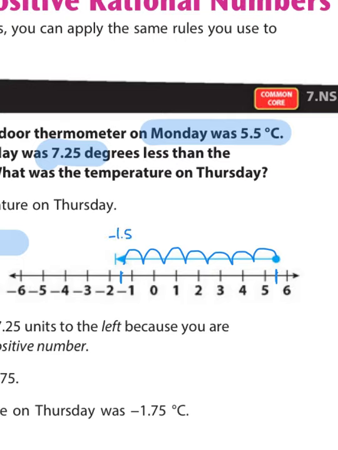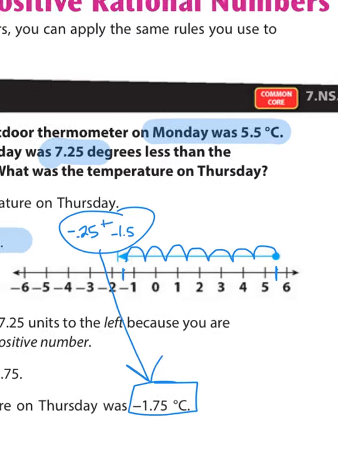I'm going to move negative 0.25 more to the left. Since this is at a negative and we're adding more negative, now it's just like a negative plus a negative. And if I have negative 1.5, add 0.25 more negatives, my final answer is going to be negative 1.75. So now it's like we're adding those. It gets me to that answer.